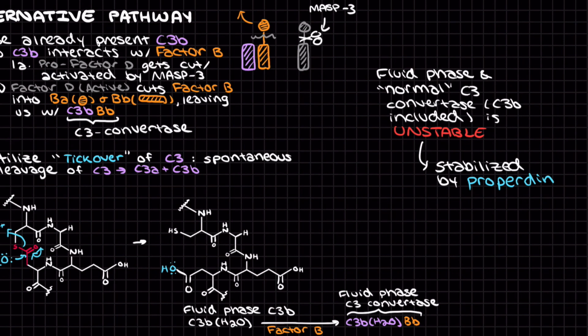And this prolongs the half-life of the C3 convertase and allows it to continue to convert C3 even after its expected half-life. And this allows the alternative pathway to be a viable way to keep the complement system active.